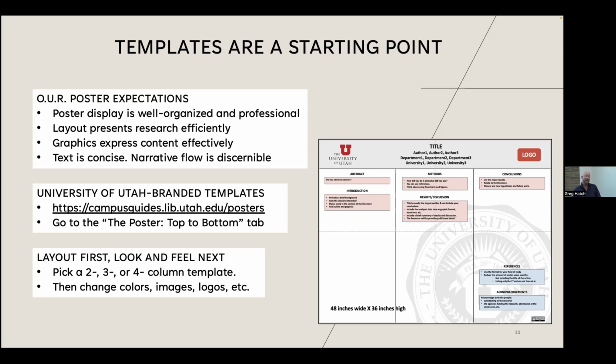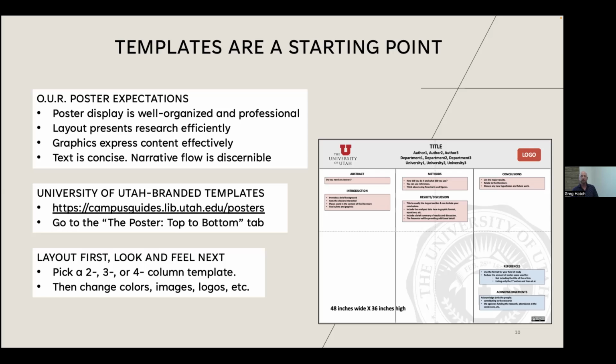But it's important to keep in mind the expectations of the posters as expressed on the Office of Undergraduate Research website. They refer to the fact that your poster display should be well organized and look professional, that the layout should be presenting your research efficiently. So efficiently meaning as few words as possible to communicate what you need to get across.